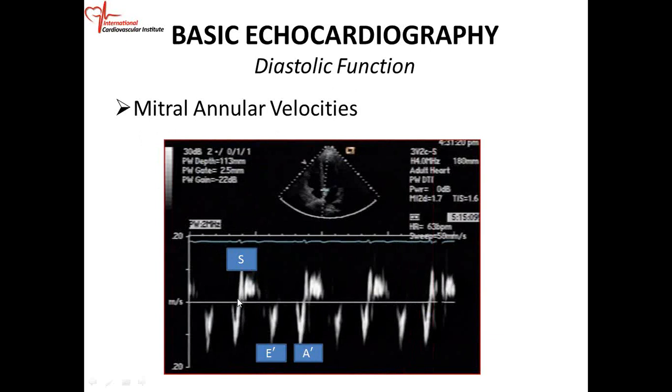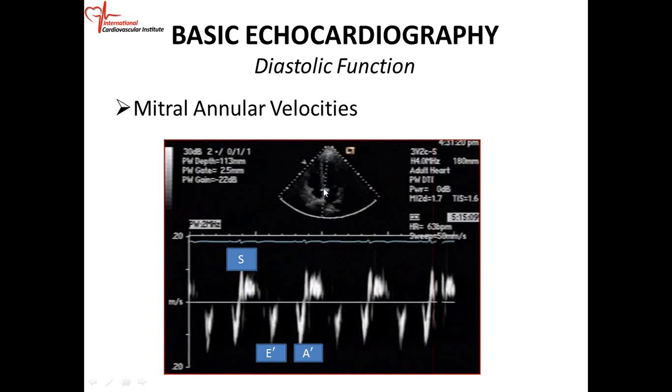So from your basic Doppler principle, you're going to get a wave which is above the baseline. That's why this S prime is above the baseline, because the mitral annulus in systole moves up. Okay, it moves towards the apex. So it's a wave that's above the baseline.